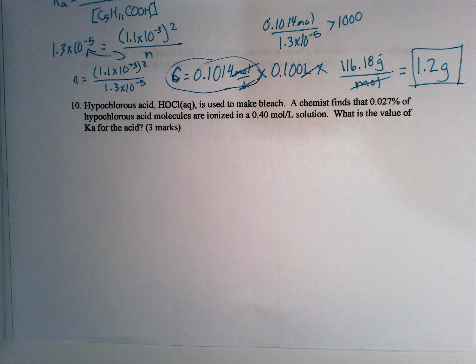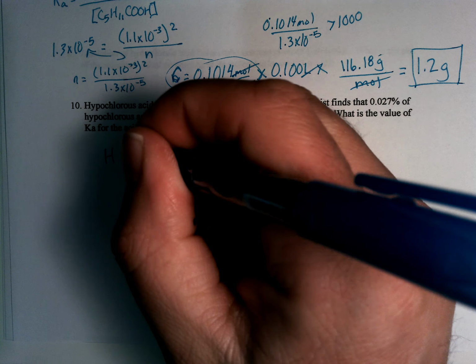Okay, last example here, question 10. Hypochlorous acid is used to make bleach. A chemist finds that 0.027% of hypochlorous acid is ionized in a 0.4 mole per liter solution. What is the value of Ka for this? Again, we want to write down our acid ionization formula.